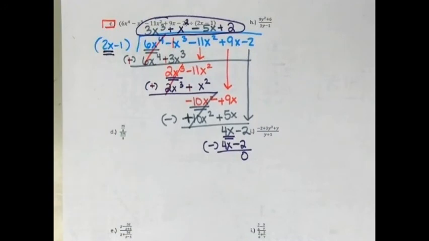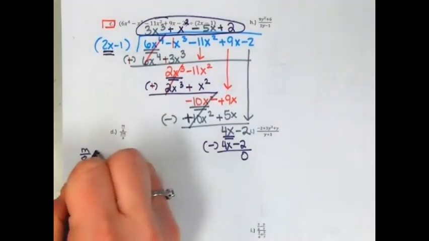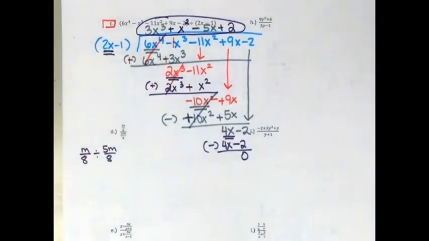D. Okay. All right. So D, we have M over 8 over 5M over 8. That seems really confusing, right? What if I rewrite it like this? M over 8 divided by 5M over 8. Isn't it the same thing? Do you guys know how to do that one?